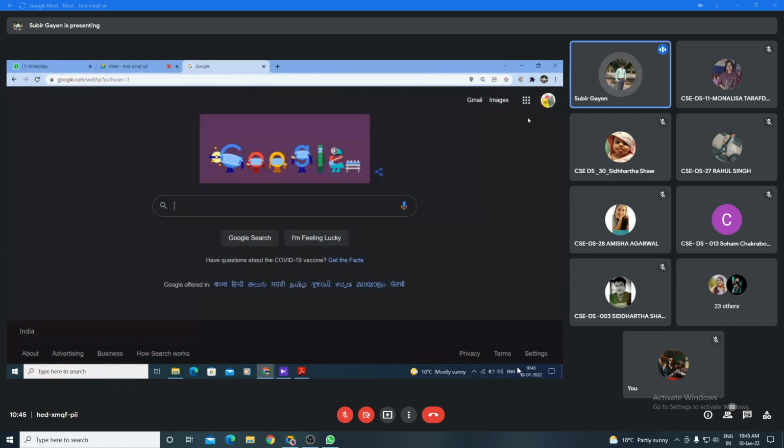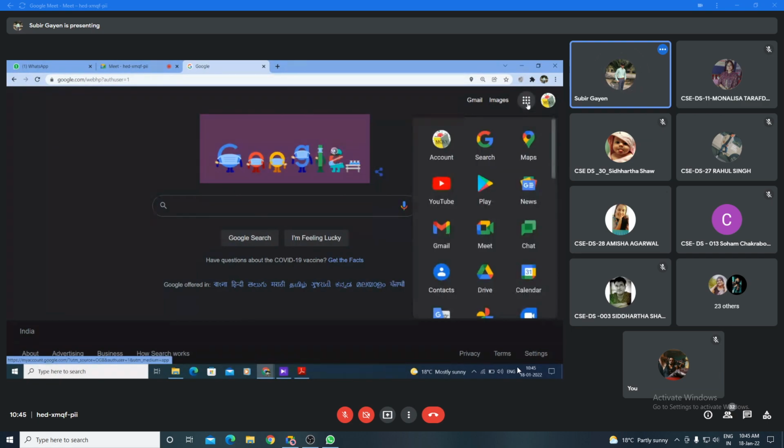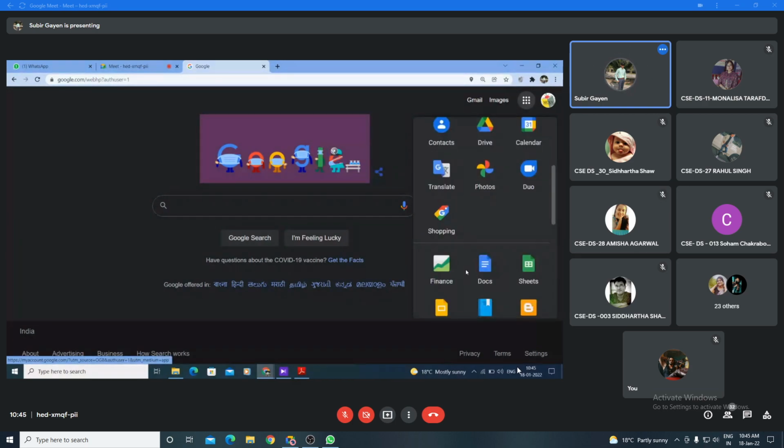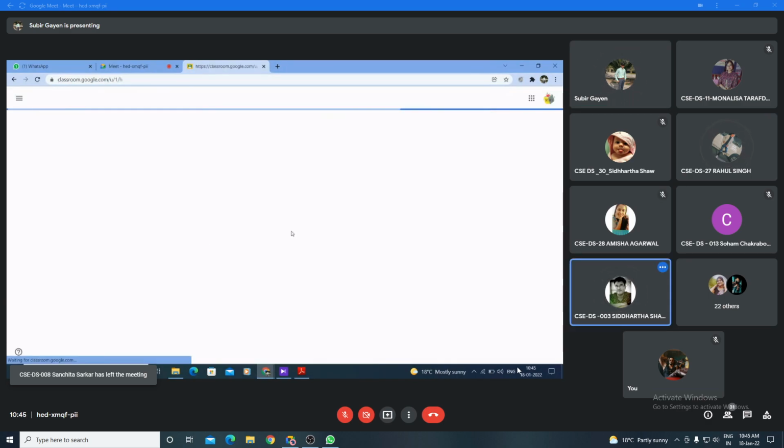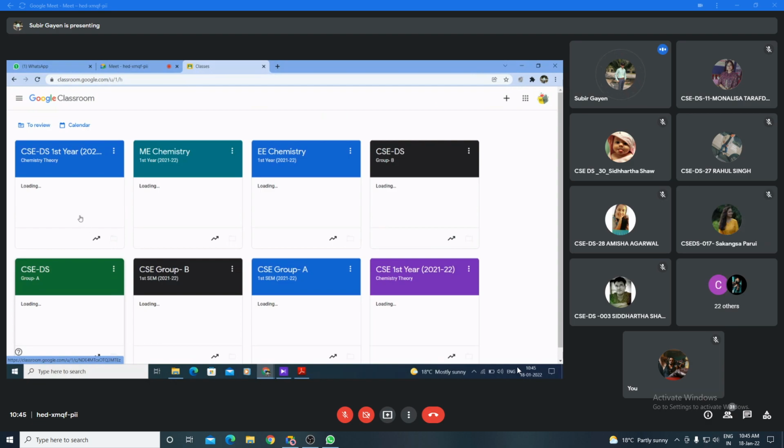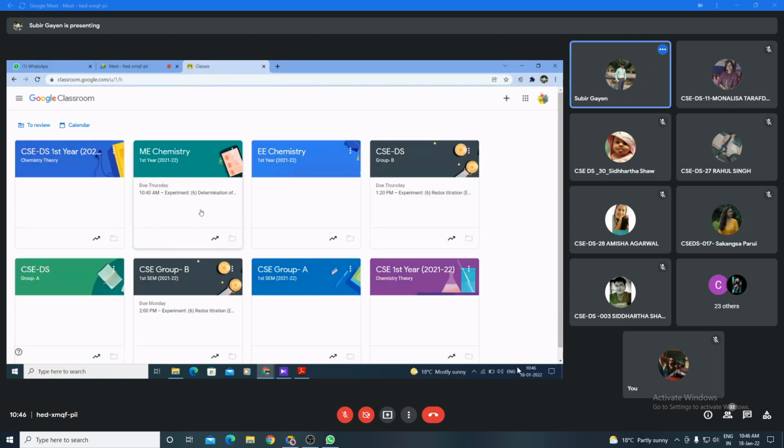And last day, has everyone submitted the lab file? Everyone submitted the lab file? Sir, experiment 6... Yes, yes, submitted, sir. Just 1 minute, I'm checking.